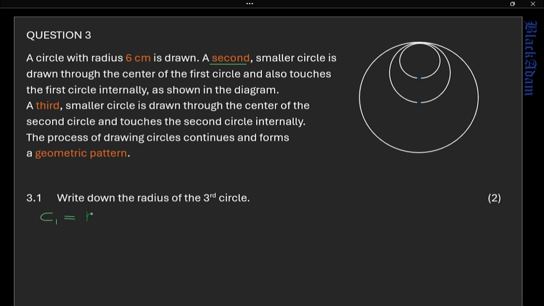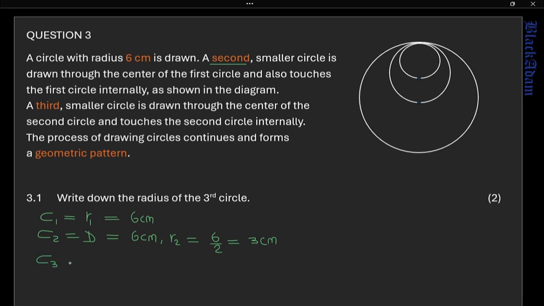So write down the radius of the third cycle. Radius 1 is going to be 6 centimeter. Cycle 2, we have diameter there, which is 6 centimeter, and that means the radius is half the diameter, so that would be 6 divided by 2, giving us 3 centimeter.